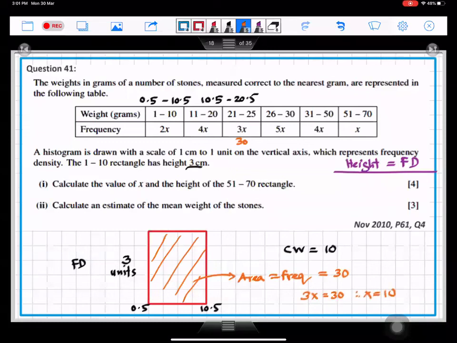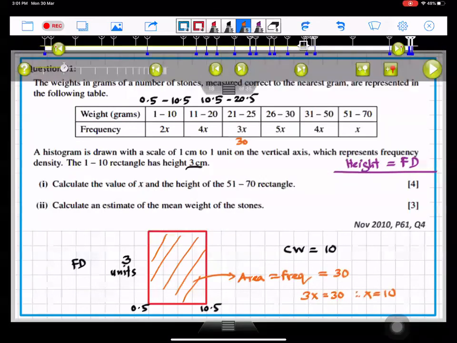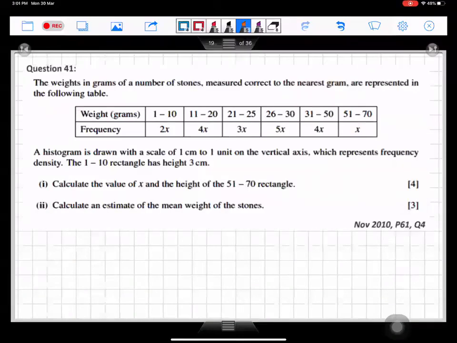And now it's asking us the height of the 51 to 70 rectangle. What information do I have? First of all, that is 50.5 to 70.5. Therefore, the class width is 20 units. The frequency is x, but we said x is 10.